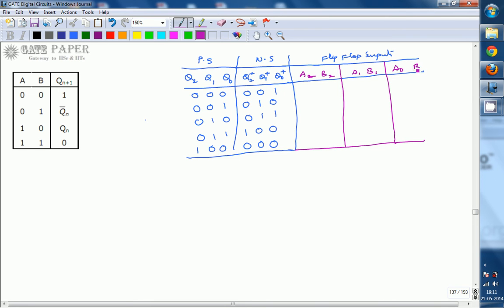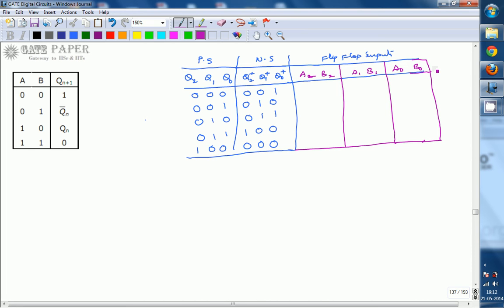Next A0, B0 are the inputs for the Q0 flip-flop. So A2, B2 are Q2 flip-flop inputs, A1, B1 Q1 flip-flop inputs, A0, B0 Q0 flip-flop inputs. So we are going to express A2, B2, A1, B1, A0, B0 in terms of Q2, Q1, Q0.